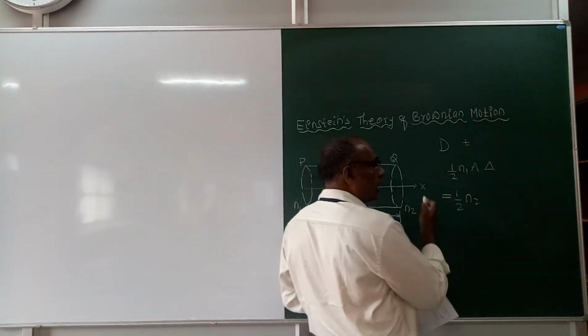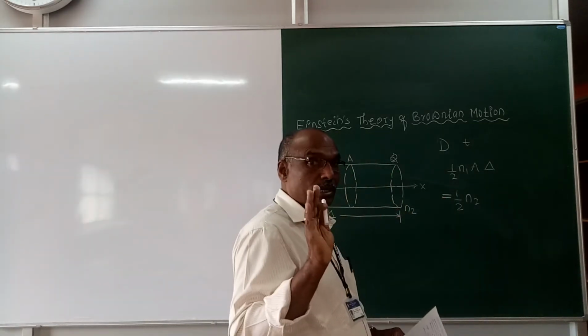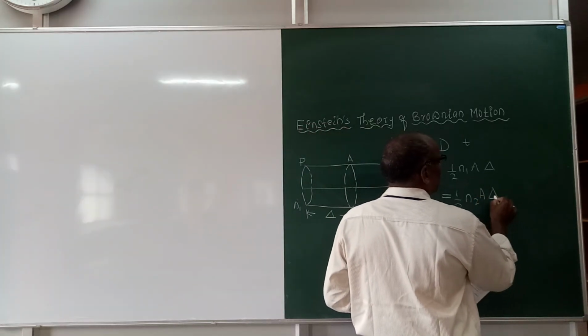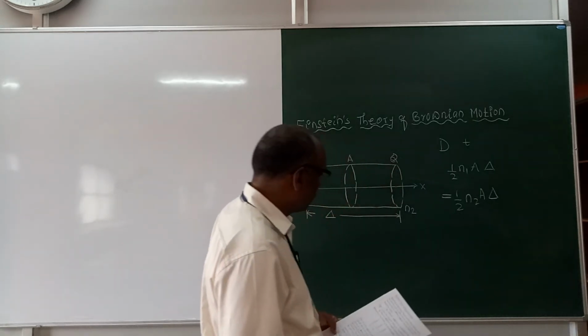The concentration is not the same, it is different. So A, the cross-sectional area, and delta, the length, remain the same.